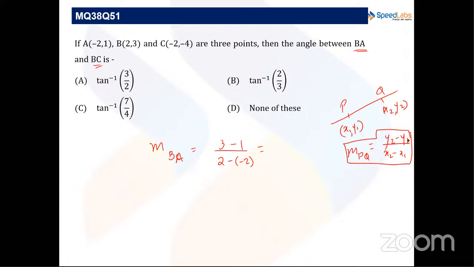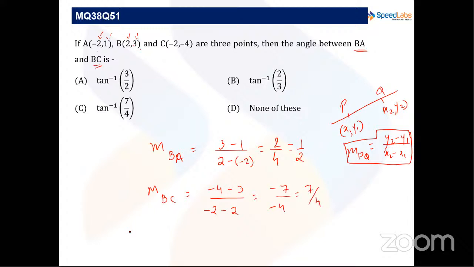Using this concept, y2 is 3, y1 is 1, x2 is 2, x1 is minus 2. So we'll be getting 2 by 4, that is 1 by 2. And we can find the slope of the line BC. That will be (minus 4 minus 3) upon (minus 2 minus 2).